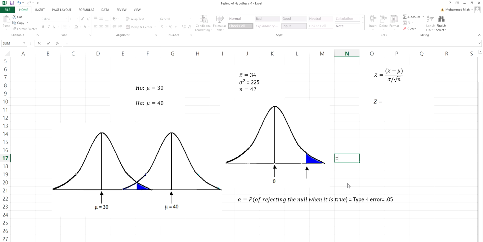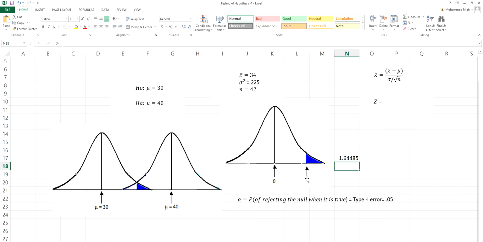Equal to NORMSINV, left parenthesis, 0.95, because 95% of the z values are to the left. So I'm using the NORMSINV formula in the Excel cell, and when I type it, I get 1.65.